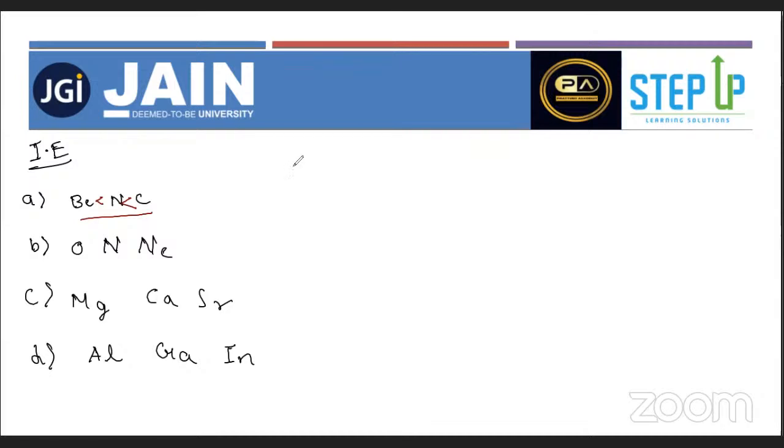Okay, we have answers. The answers we have: for number one, we have O, N in this. Then we have strontium, then calcium, then magnesium, then indium, then aluminum, and then gallium. Anyone have a different answer?